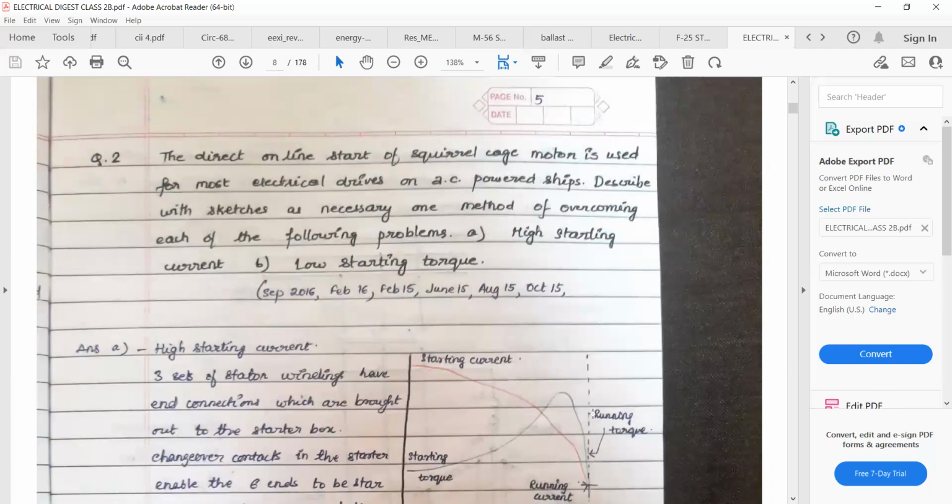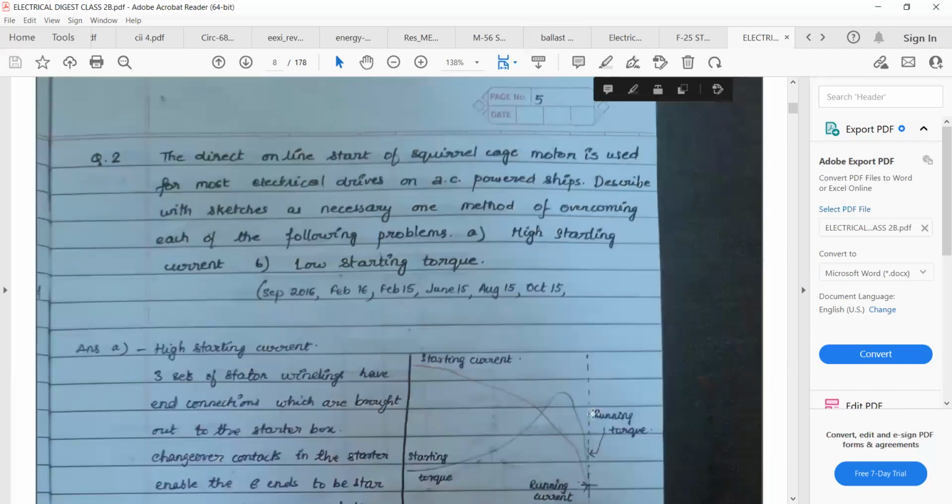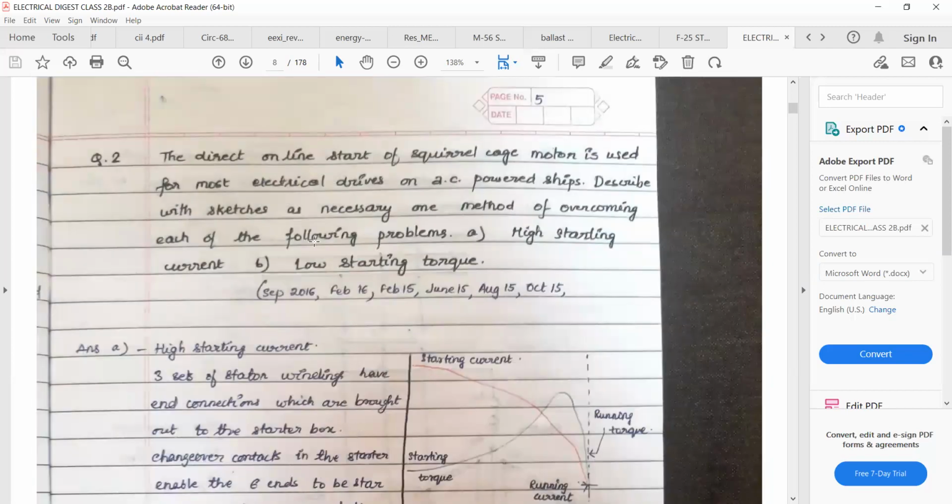Okay, now this is the second question. The direct online starter of a squirrel cage motor is used for most of the electrical drives in an AC powered ship. Describe, with sketches as necessary, one method of overcoming each of the following. What do you want to overcome?